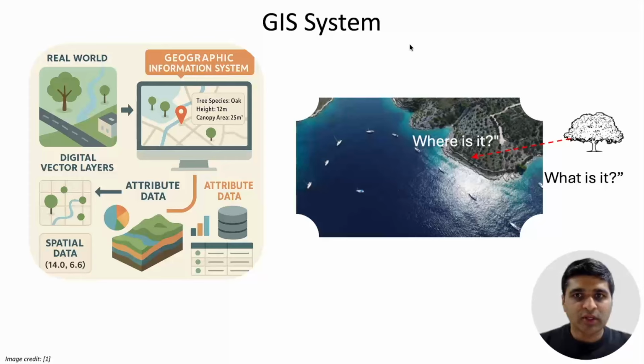Spatial information tells us where it is using coordinates. Attribute information tells us what it is by giving details. For example, a tree on a map has spatial data showing its exact spot and attributes like its species or height. The true strength of GIS comes from this powerful link between location on a map and details in the database. This connection makes GIS a smart tool for exploring and understanding the world.